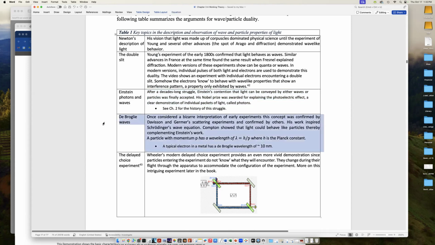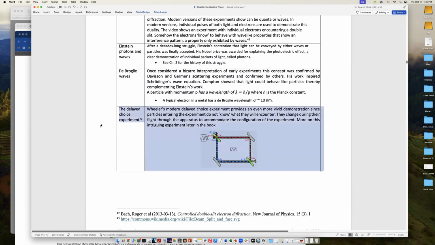And de Broglie picked up on this and said, if light can behave like a particle or a wave, then maybe particles like electrons, neutrons, and so forth can behave like waves. And so this was a major step forward. Eventually, de Broglie won the Nobel Prize for his advance. And a number of experiments proved that he was right.